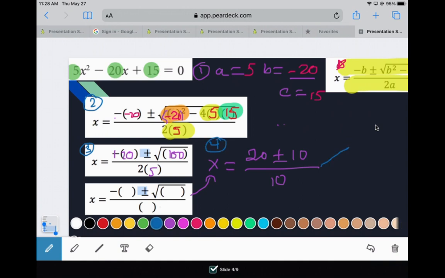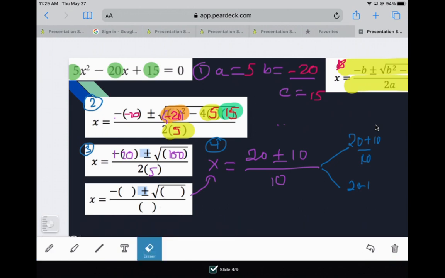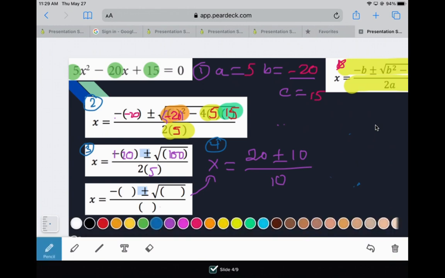And then the last step, what I would do is split this into 2 answers. The first one is 20 plus 10 over 10, and 20 minus 10 over 10. Hold on, let me rewrite this. Some of you I missed, when I cannot read your handwriting for that one.